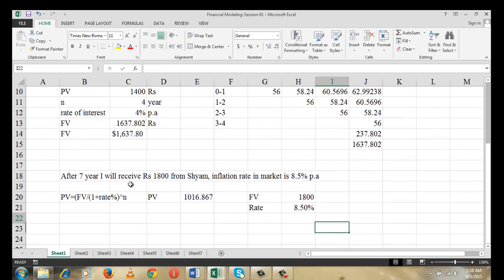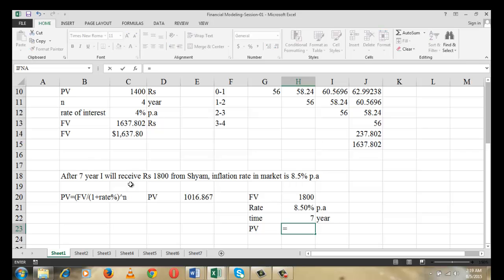Your time period of investment is 7 years. So the present value of your money would be 1016.867, that you can determine as 1800 bracket open 1 plus 8.5%, shift 6 7. If you do, you get the same value, 1016.867. The same thing you can calculate in Excel by using the PV formula.